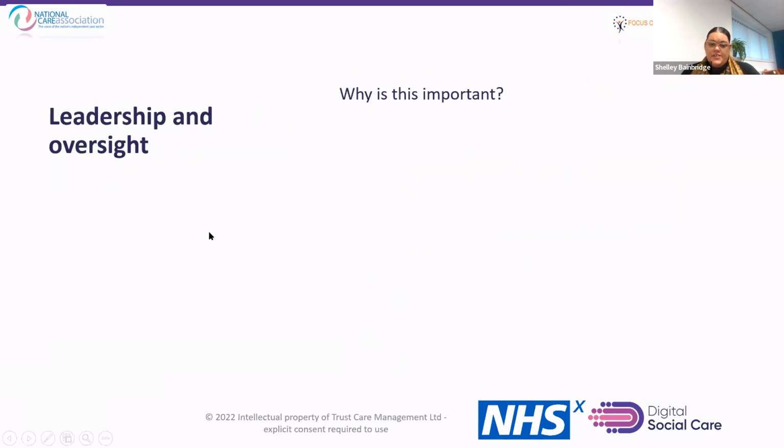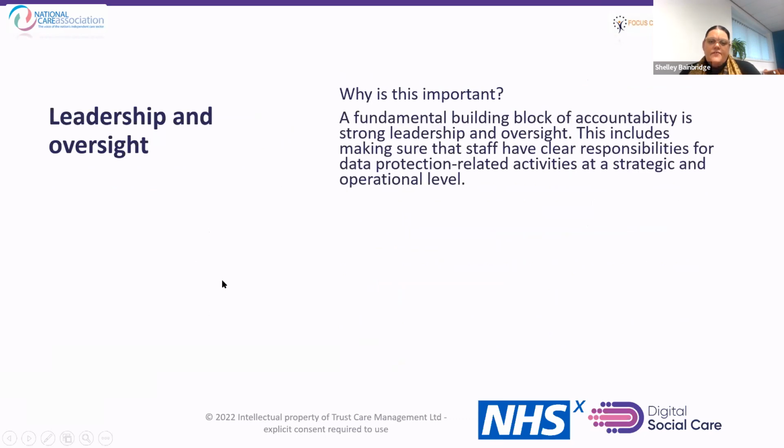So, leadership and oversight. Why is this important? A fundamental building block of accountability is strong leadership and oversight. This includes making sure that staff have clear responsibilities for data protection related activities at a strategic and operational level.